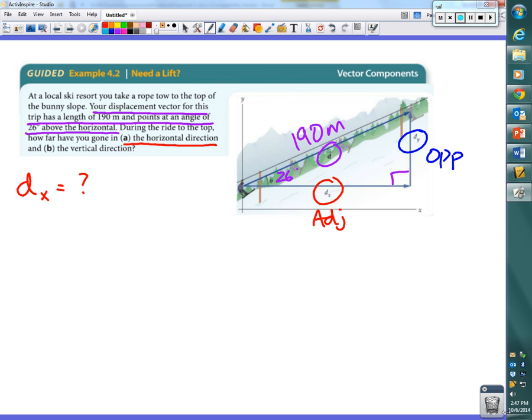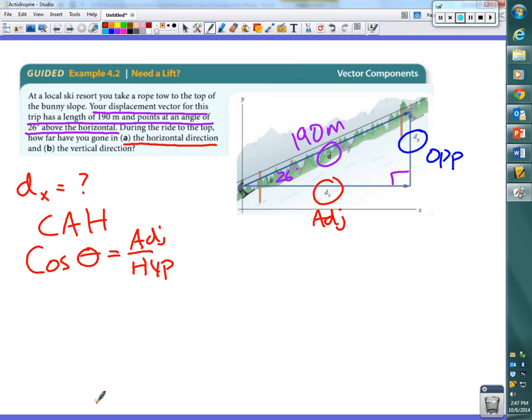So, to find the adjacent side, knowing the hypotenuse, which trig function relates adjacent and hypotenuse? Cosine. Remember SOHCAHTOA? Cosine of theta equals adjacent over hypotenuse.